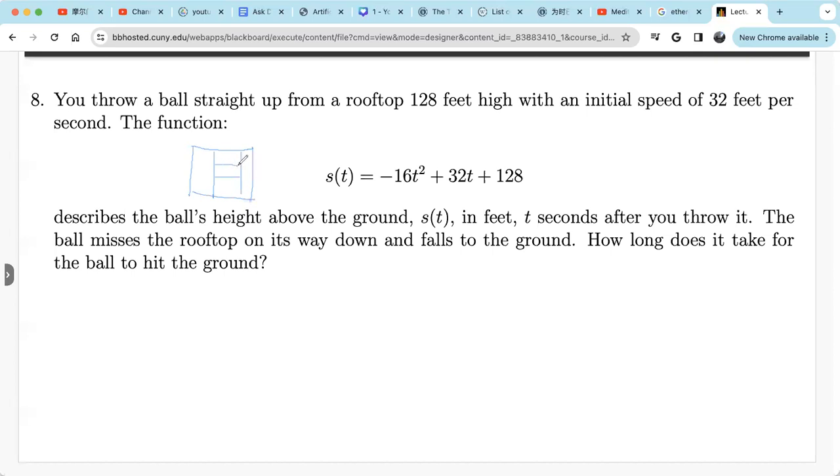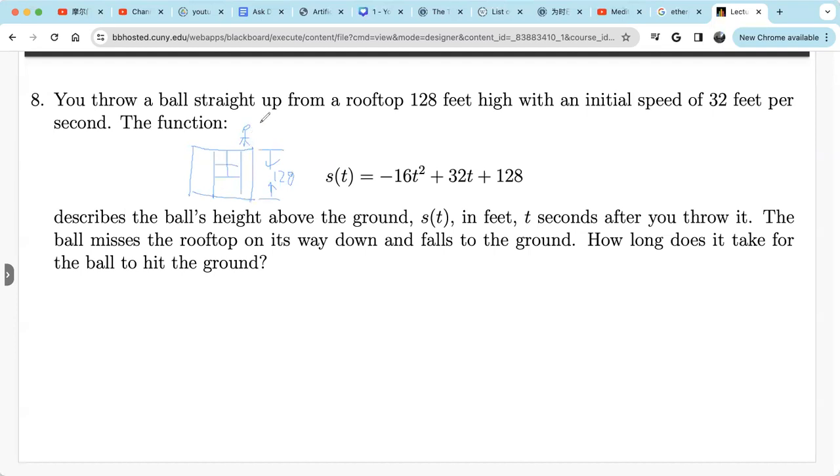And you standing on top of this building, right here somewhere. And the height from here to the ground is 128. So just imagine this in your head. You don't really have to draw this, but I'm drawing this to help you imagine it. So this is a 128 feet high building.